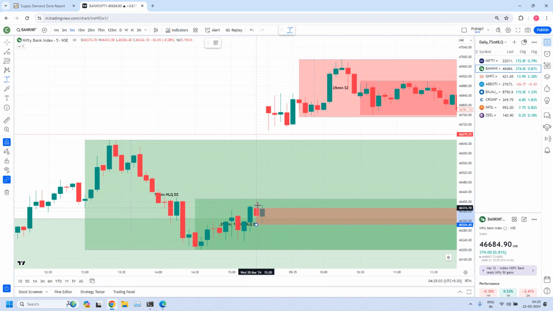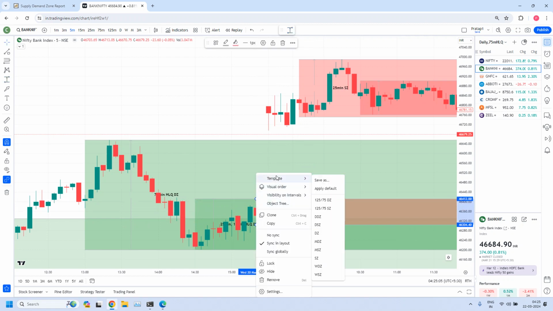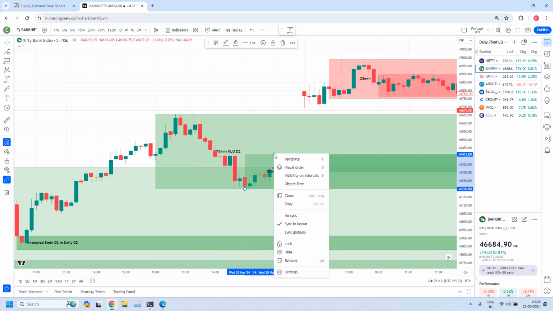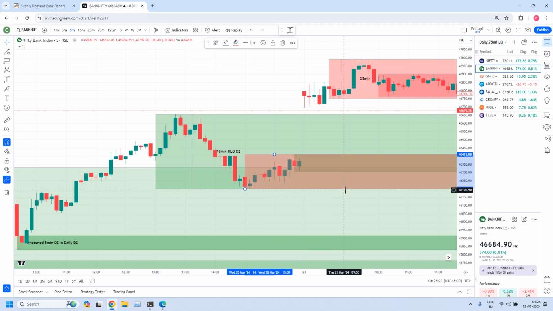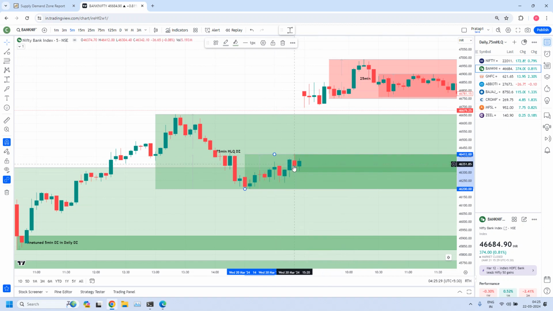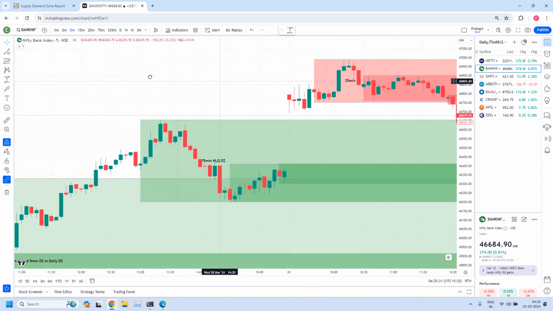Let us draw the demand zone. Let me change that 15-minute zone, reduce the color thickness, so that we exactly see the 15 minutes order flow.